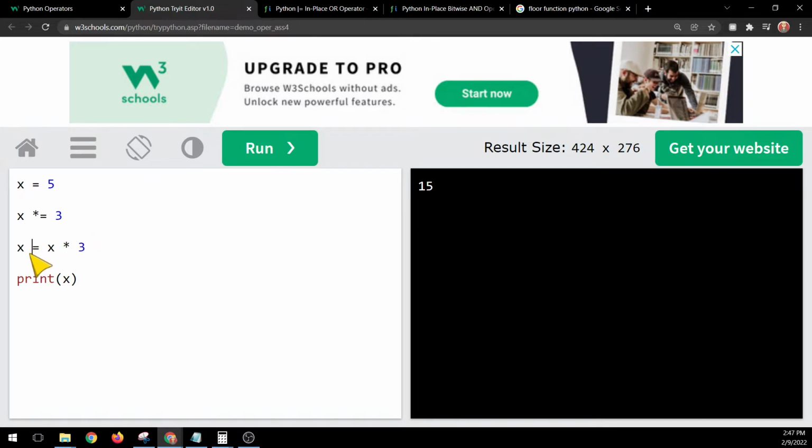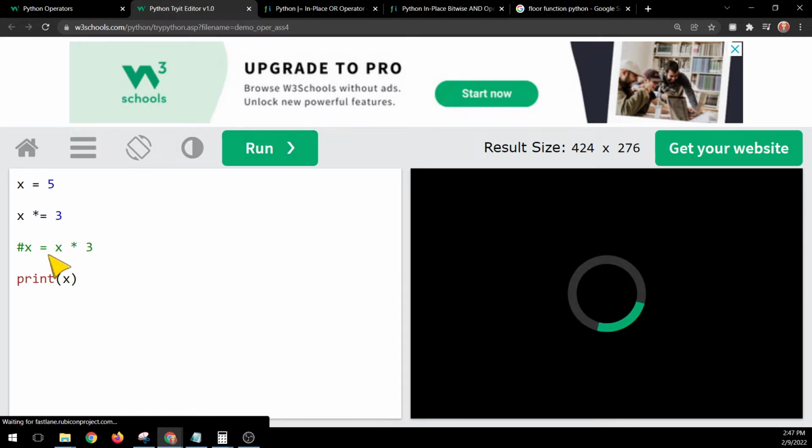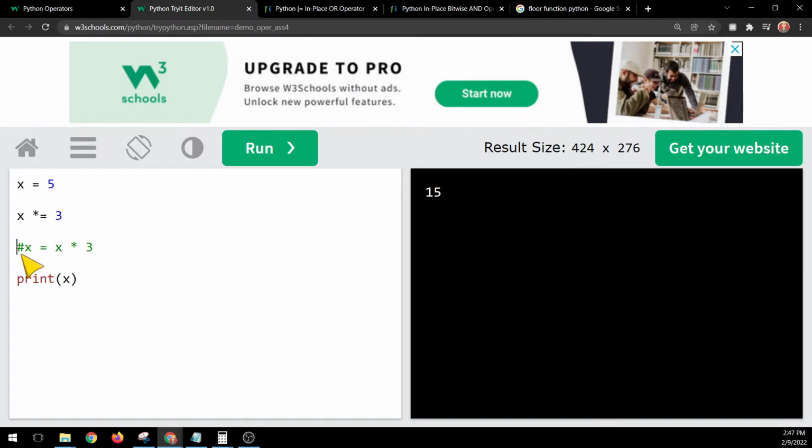Here x is 5, so 5 times 3 should give us 15, which it does. If we run it, it's going to give us 15. I've commented this line out. If I uncomment this, what should it give us? 45, right? Because at this line, x is 15, so 15 times 3 would be 45.